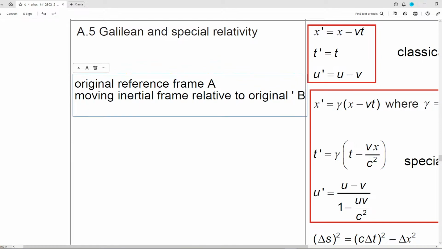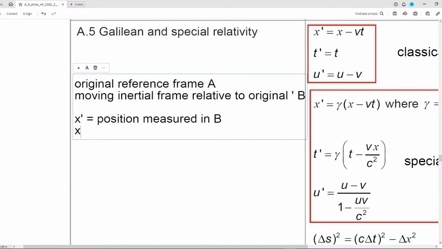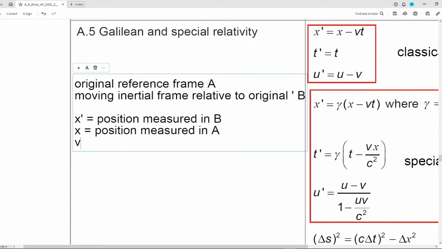So x prime will be the position in B, measured in B, and x will be the position measured in A. And V is the relative velocity, not speed, velocity of B to A. So how fast B is moving relative to A.